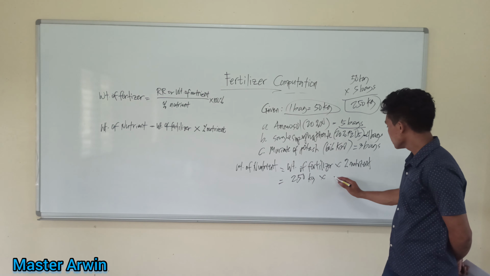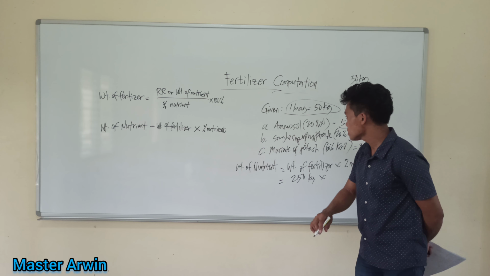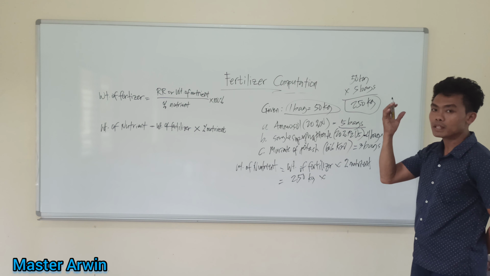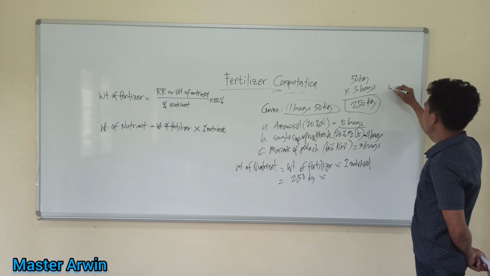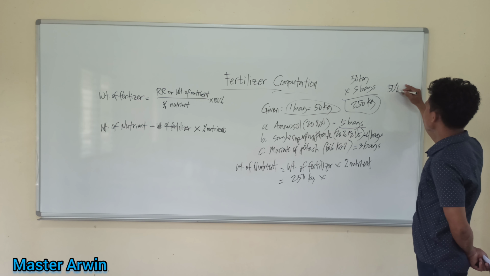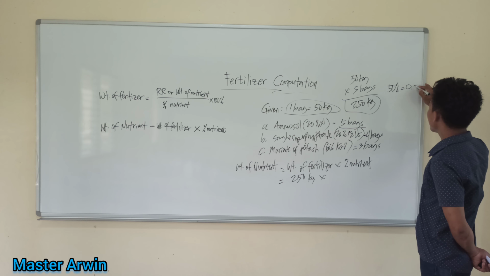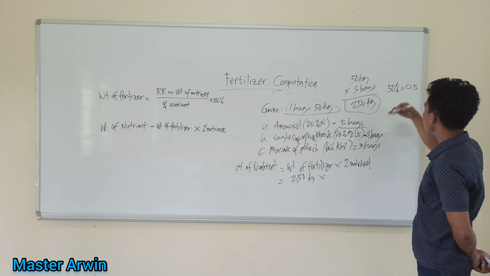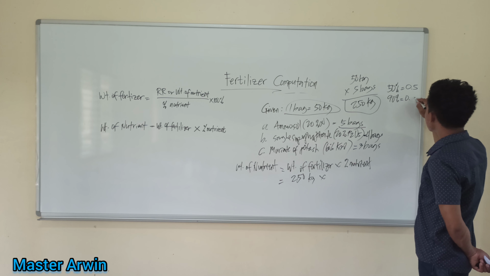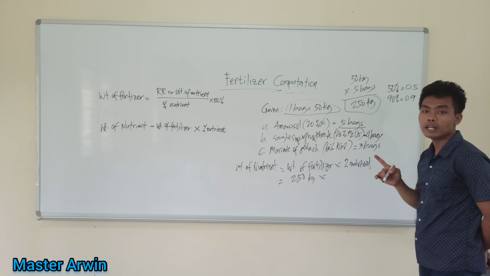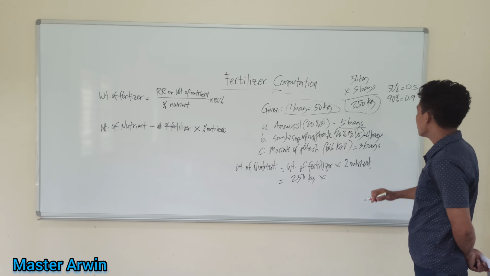times percent nutrients. So guys, if we have this percent nutrient, for example, if we have 50%, that is equivalent to 0.5. Am I right? Or if we have 90%, that would be equivalent to 0.9. How does it happen?